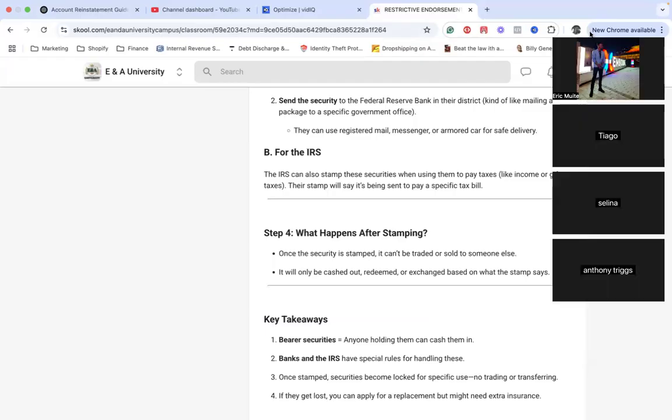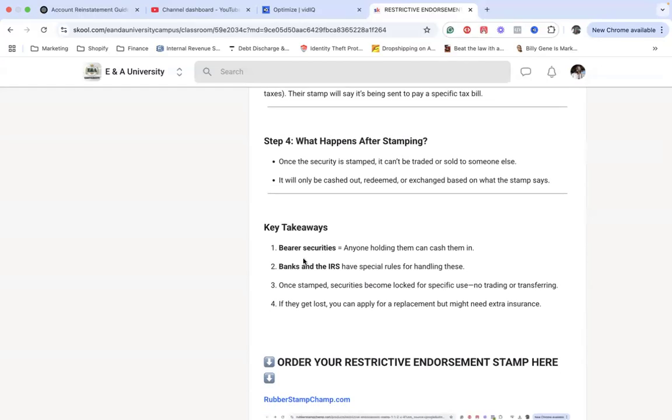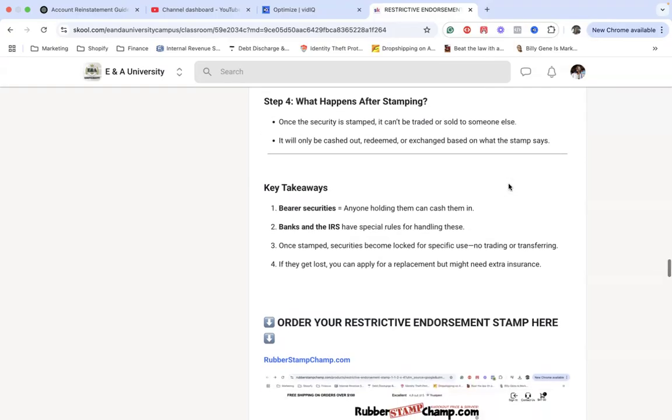So basically, when you're stamping, what happens after you stamp? Once the security is stamped, it can't be traded or sold to someone. It will only be cashed out, redeemed, or exchanged based on what the stamp says.